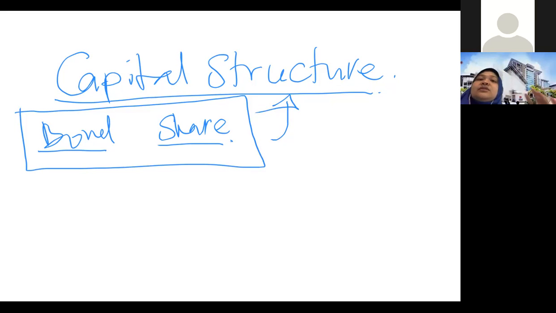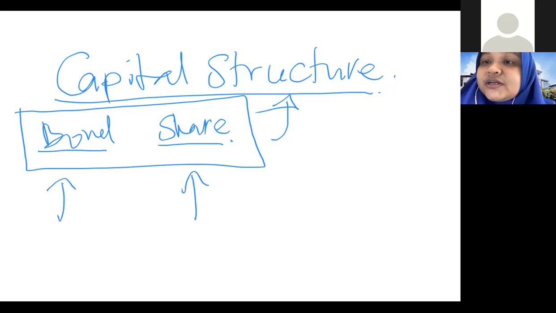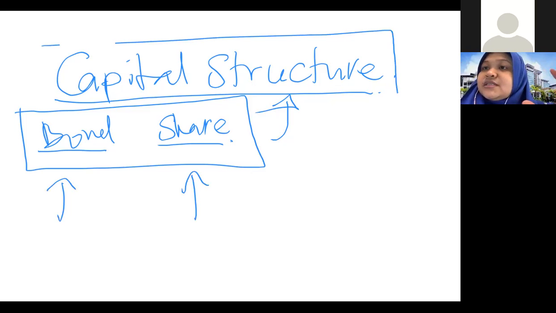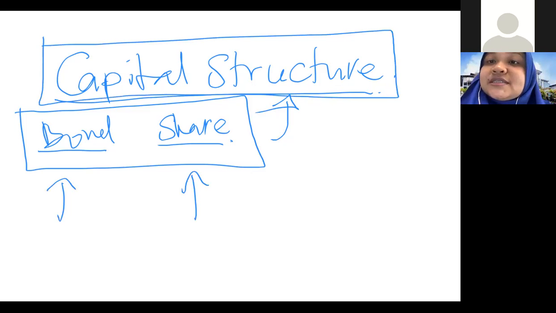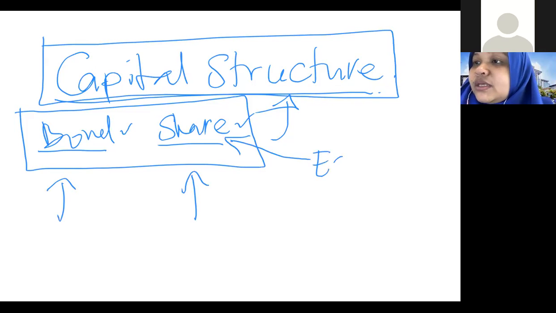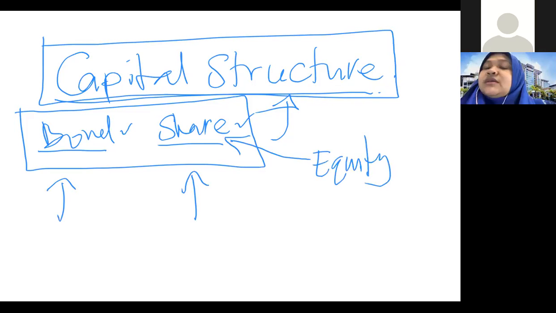From the total capital that the companies own, it comes from either bond or shares. So it comes up with a capital structure which consists of bond and shares. Shares represent the equity, the owner's equity of the company, and bond represents the debt.